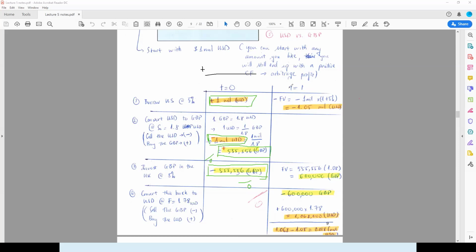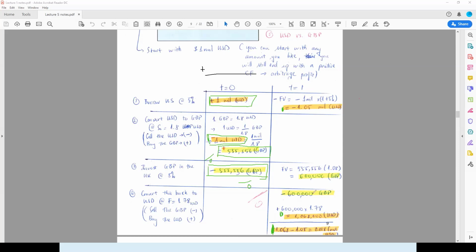In contrast with the transactions in time T1, now if I check my USD position, if I add up these two numbers, this is the profit that I got in the end. So this profit is in the USD. If I check my pound position, in step 3, I've got a positive number in the pounds of 600,000.